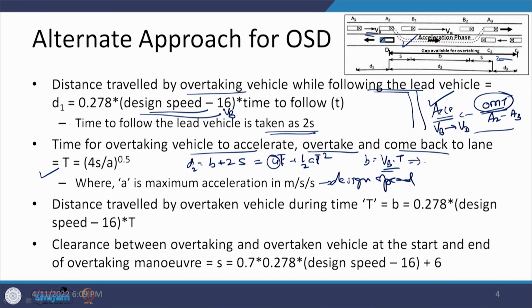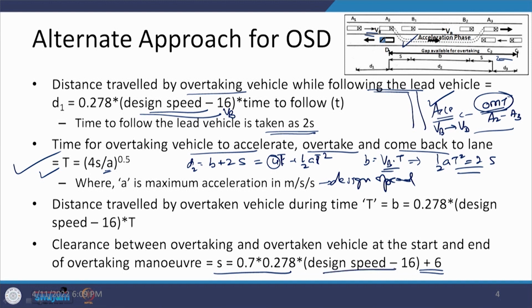With this analogy, half a T square equals 2s, which gives T equals the square root of 4s divided by a. So what you need is the value of a and the value of s, and this value of s is 0.7 times the speed plus 6, where the speed here is Vb.